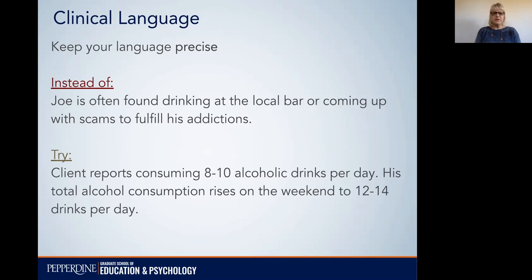His total alcohol consumption rises on the weekend to 12 to 14 drinks per day." So this is just made up, but you can see instead of just saying he's often found at the local bar, it's much more precise in terms of the measurable actions that are being taken.